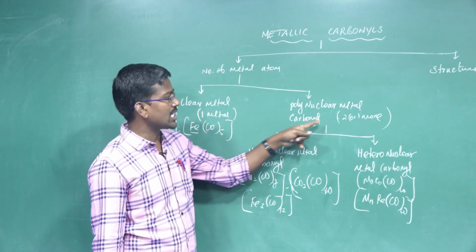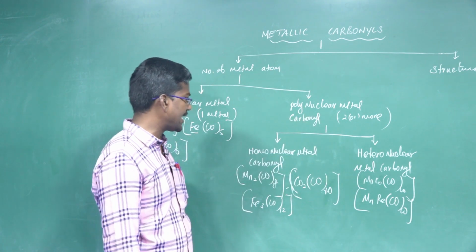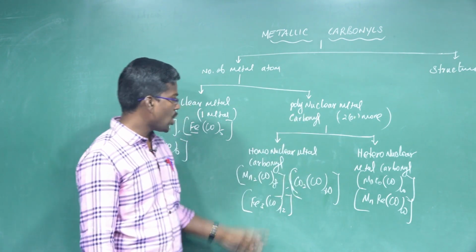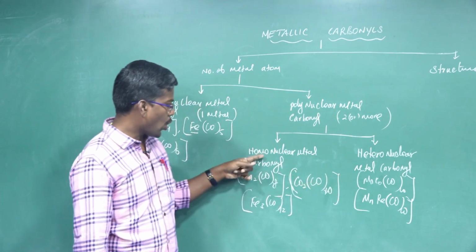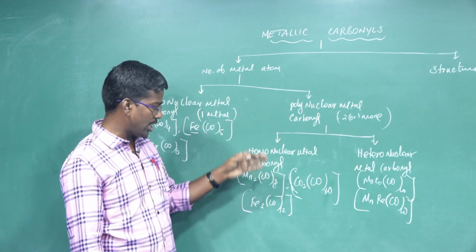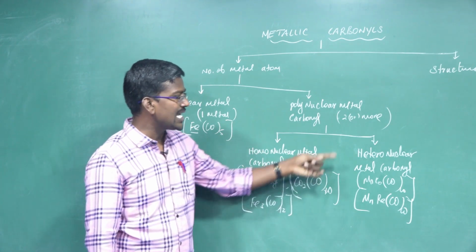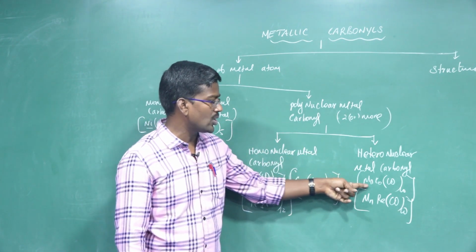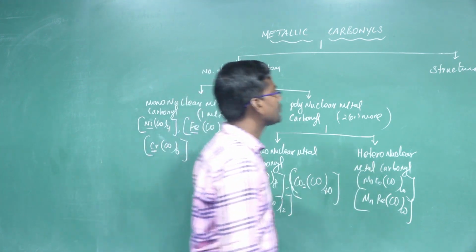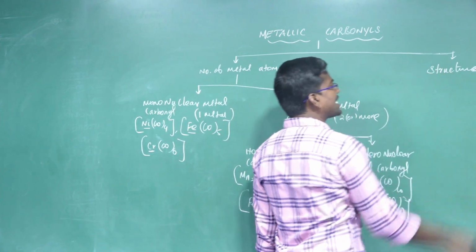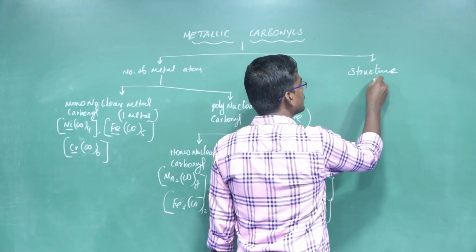Polynuclear metal carbonyl contains two or more metal atoms and is further classified into homonuclear metal carbonyl, which contains only one kind of metal, and heteronuclear metal carbonyl, which contains two different kinds of metals. Okay. Next one is classification based on the structure.